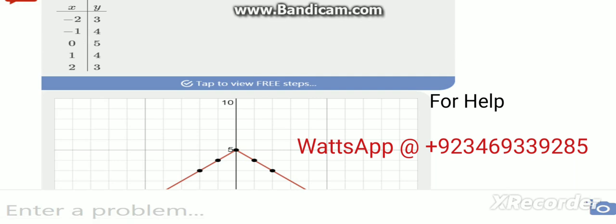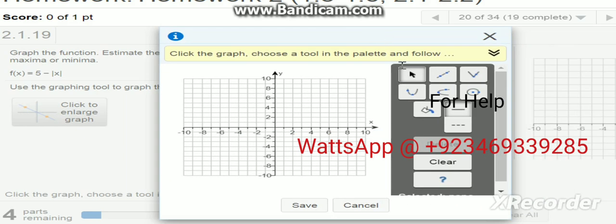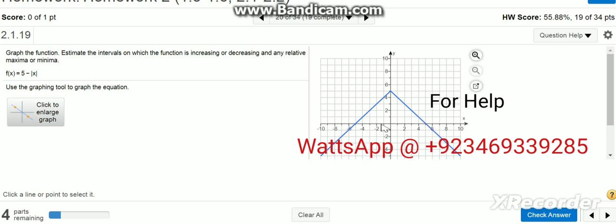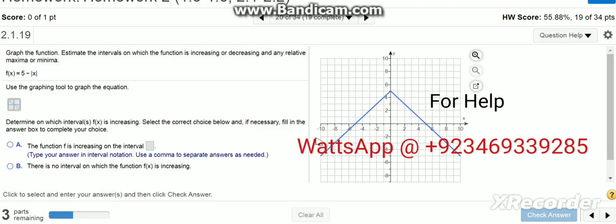So let's put the values. I have plotted this graph, so let's check it. Yeah, excellent, thank you.